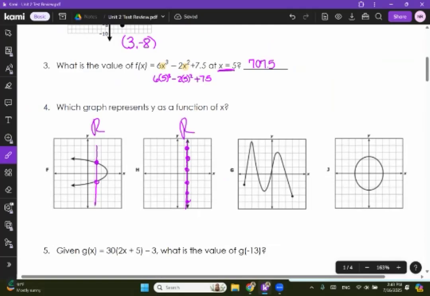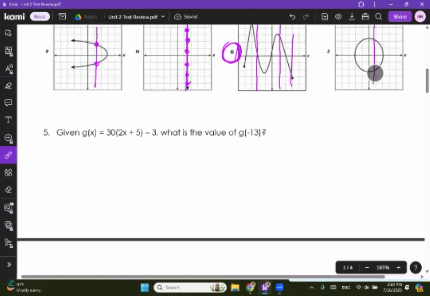So that's a repeat. I can put a vertical line anywhere on this graph and it's not going to repeat. And I can put a line on this one, it's going to repeat. Notice how you have 3 answer choices that repeat, but only one that doesn't repeat. So with functions, the multiple choice questions are going to be very easy. You're just going to pick the odd man out. Number 5.